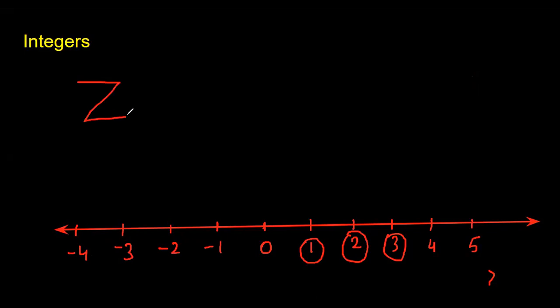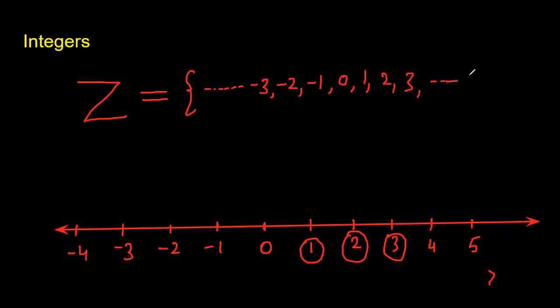Integers we represent by the capital letter Z, and they include all the negative numbers. So just to show, we start from -3, -2, -1, then 0, 1, 2, 3, and we continue till infinity. So this is also a collection of infinite numbers in both directions of the number line. Okay, so these are integers.